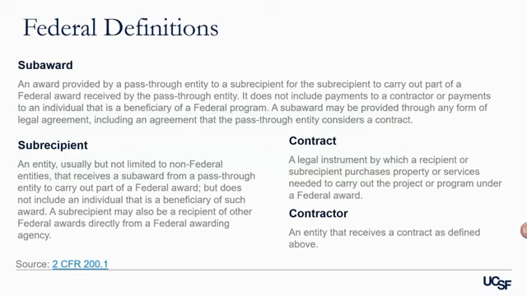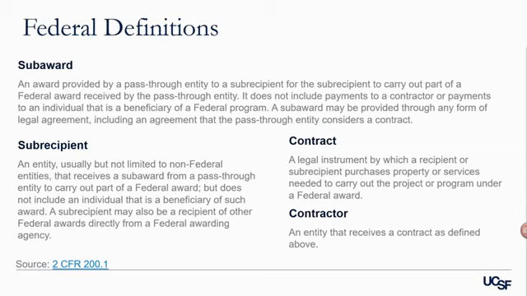A subrecipient is an entity that receives a subaward from a pass-through entity to carry out part of a federal award, but does not include an individual that is a beneficiary of such award. A subrecipient may also be a recipient of other federal awards directly from a federal awarding agency. A contract is a legal instrument by which a recipient or subrecipient purchases property or services needed to carry out the project or program under a federal award.